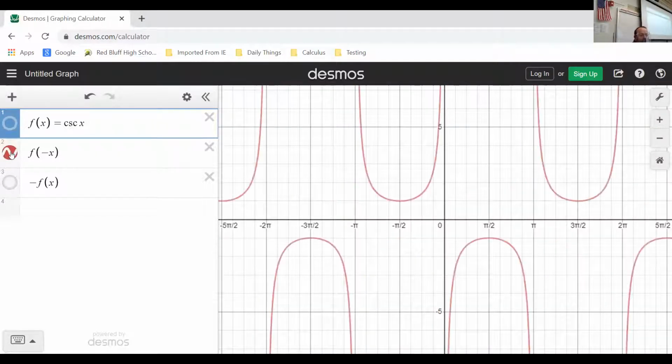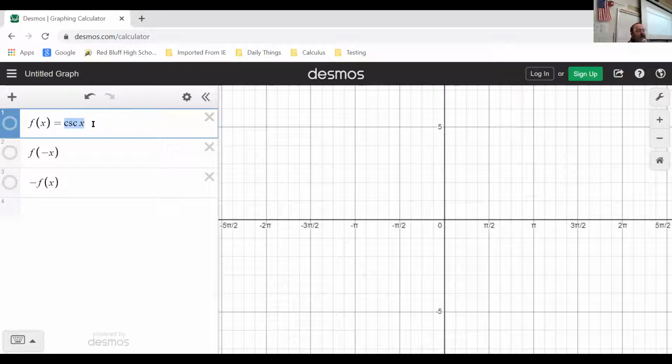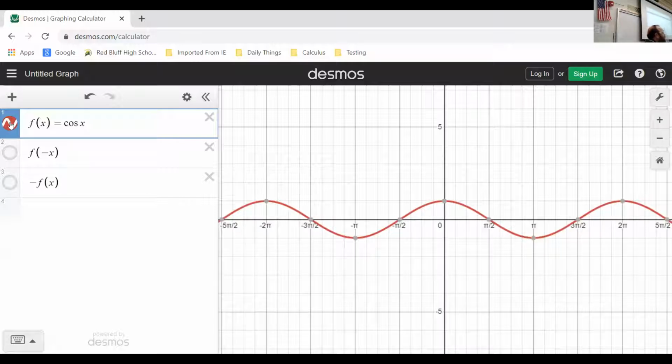So I'm going to do f of negative x, and here is negative f of x. Are those the same thing? Anybody have another guess? Let's take a look at this dude right here, the cosine. What do you guys think? Is this even? If I spin it 180 degrees, do I get the same thing, or does it have symmetry across the y-axis?